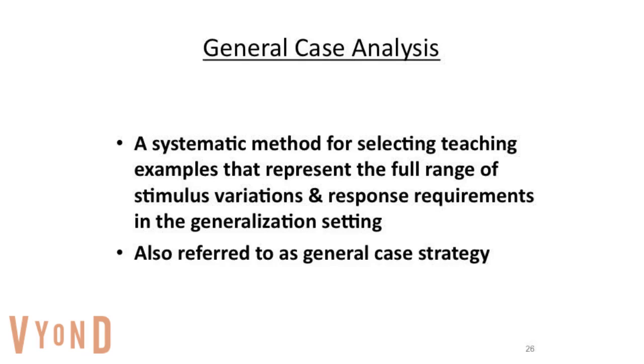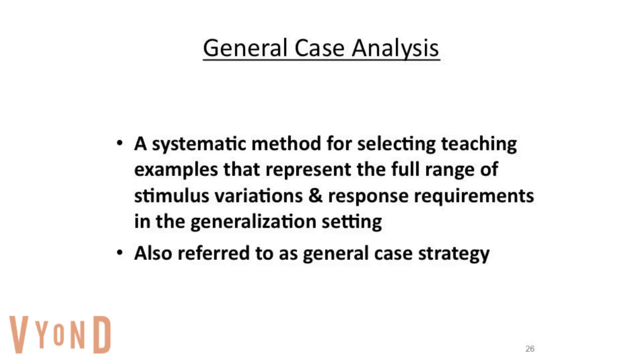So that's a systematic method for selecting teaching examples, and that makes sure that it represents the full range of all the possible stimulus variations and response variations in the generalization setting. It's also known as a general case strategy. So in your textbook, they talk about a study. And long story short, for that particular behavior, they were able to list out this type of stimulus and this type of response.